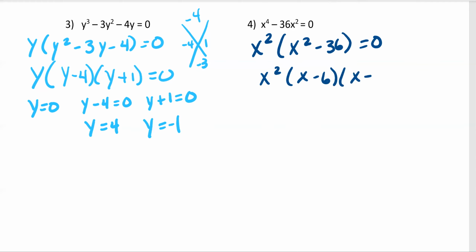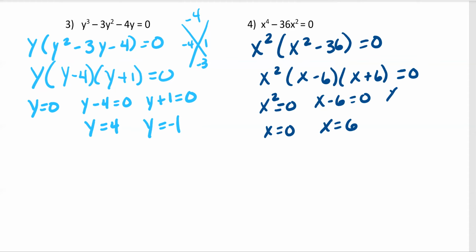So we have x minus 6, x plus 6, and set all your factors equal to 0. And there you have it. You can write your answers as 0 and plus or minus 6 if you'd like, or you can leave them the way they were.